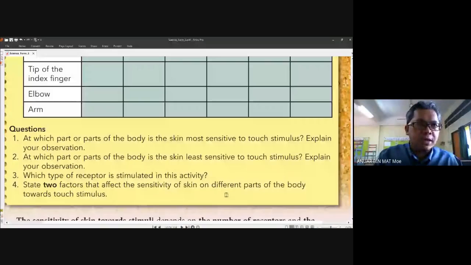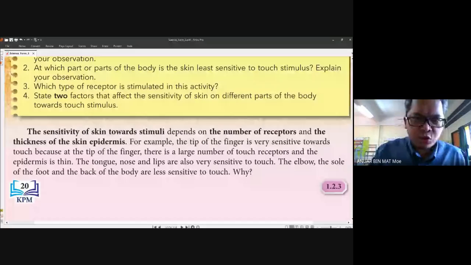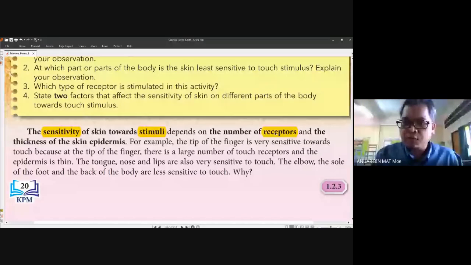Okay, so I continue. It says that the sensitivity of skin towards stimuli depends on the number of receptors and the thickness of the epidermis. The number of receptors on the skin and the thickness of the epidermis influence the sensitivity of the skin toward the stimuli.